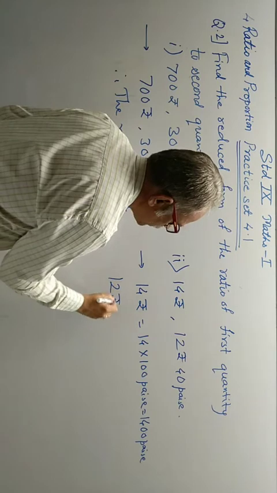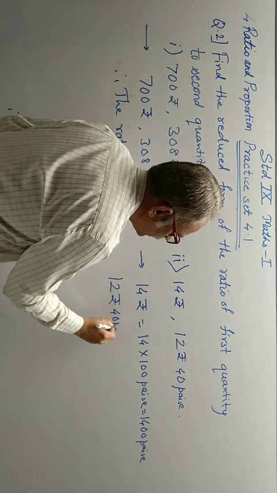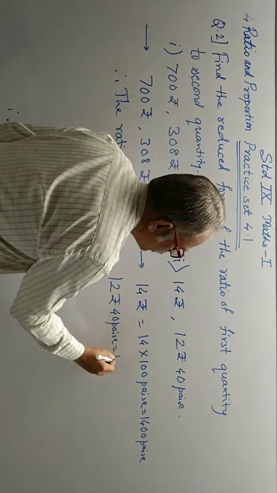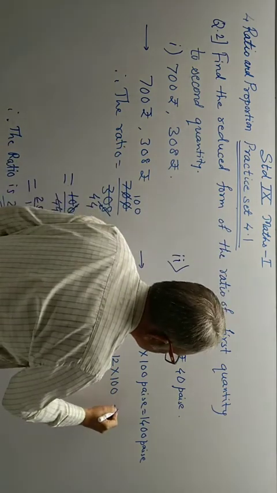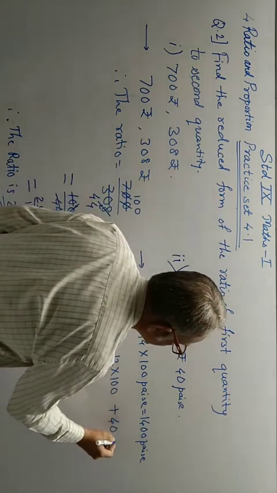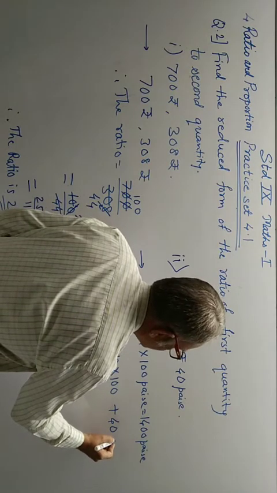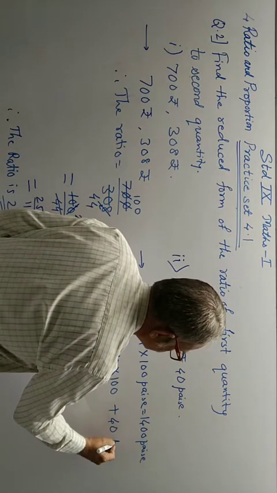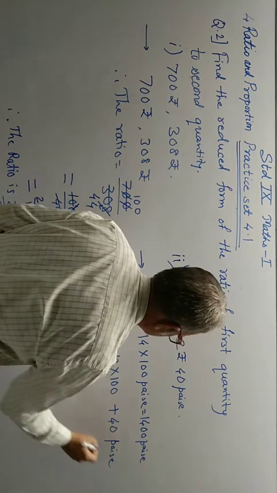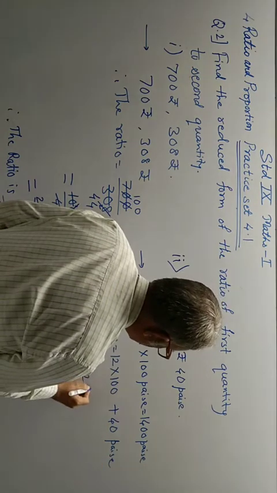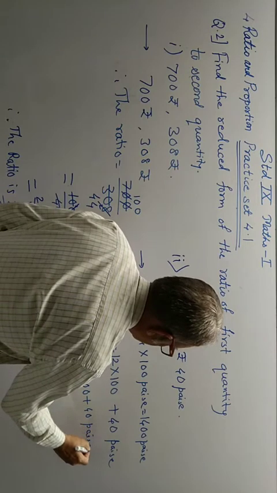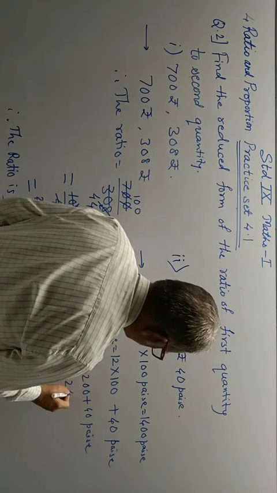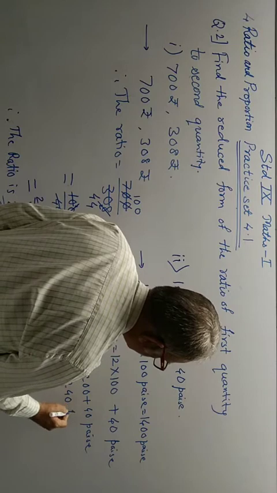12 rupees 40 paise is equal to 12 rupees means 12 into 100 plus 40 paise, is equal to 1200 plus 40 paise, that is 1240 paise.